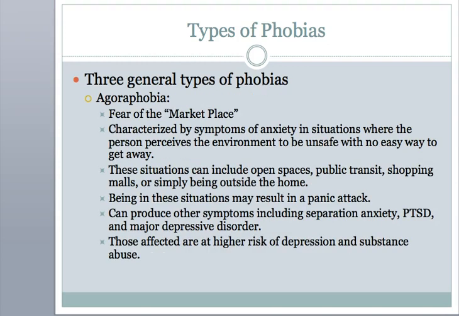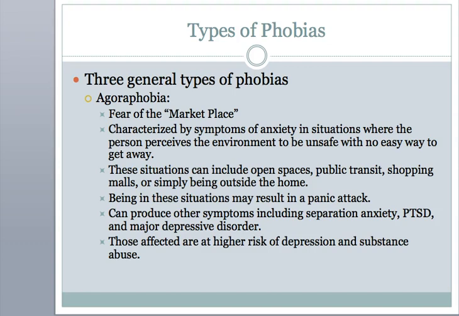The last type of phobia that I wanted to talk about is a very specific type of phobia called agoraphobia, which translates literally as fear of the marketplace, but it's really characterized by symptoms of anxiety in situations where the person feels like the environment is not safe. So they're in a location or a situation where they feel like it's not safe and there's no easy way to get away.